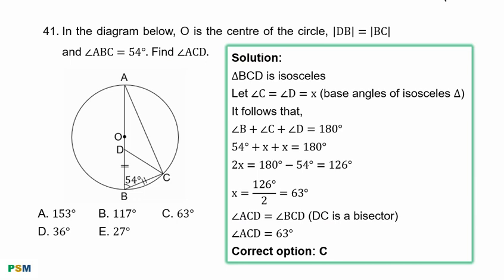Question 41. In the diagram below, O is the center of the circle, DB is equal to BC, and angle ABC equals 54 degrees. Find angle ACD, this angle.